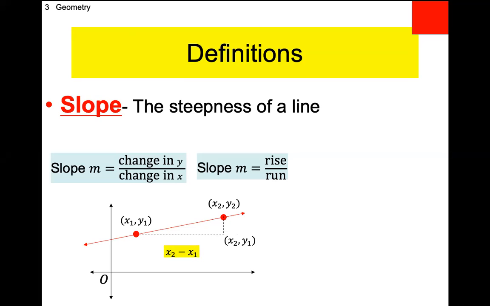If x sub 2 is to the right of x sub 1, well, then it's always going to be bigger. So I don't need absolute values for that one. If x sub 2 is to the right of x sub 1, and it is, then when you subtract them, you will always get a positive number. A big number minus a small number is always going to be positive.